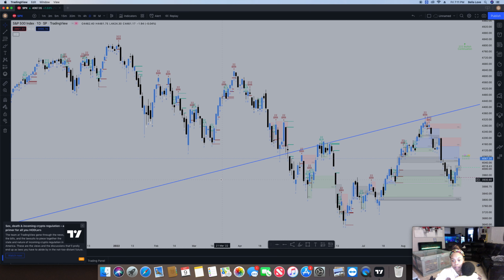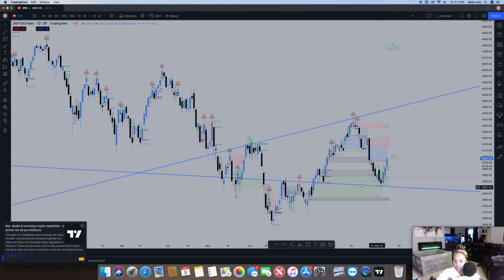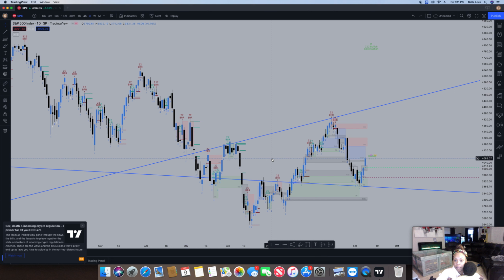So from there, and then I will draw another broadening formation, which is what will be at the bottom, from a low to another low. So this is how broadening formations look. Every time it gets to that point, it drops. Goes back to that point, it drops.